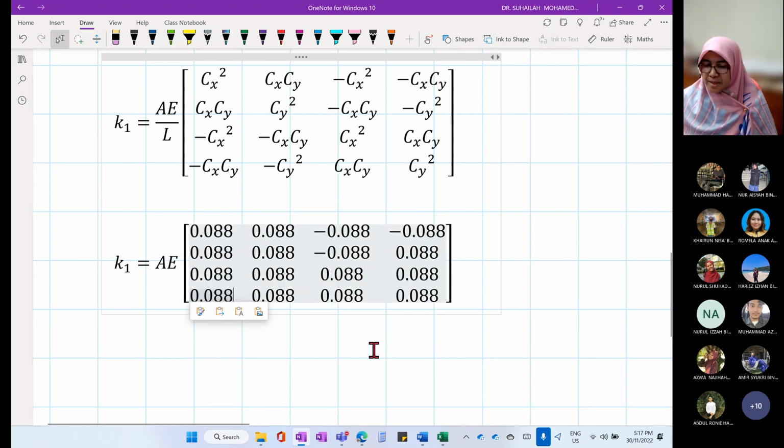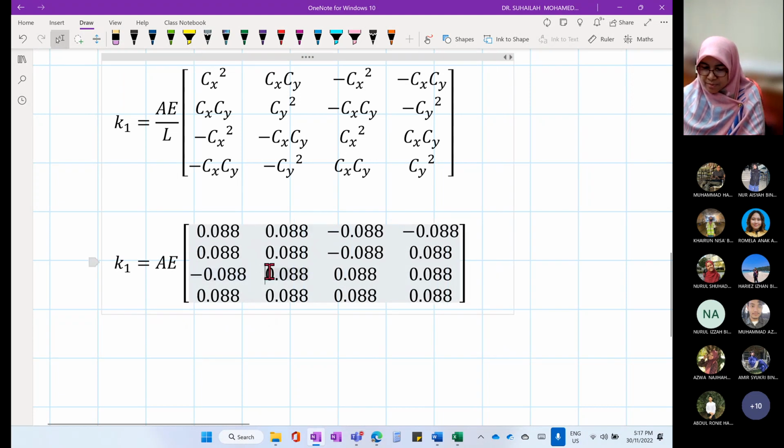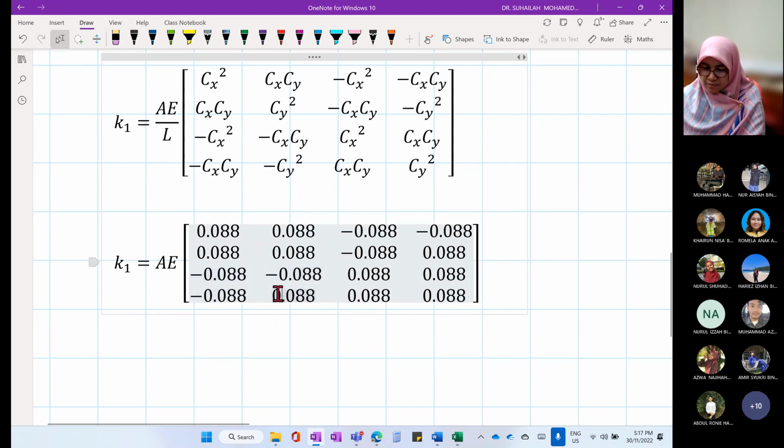CX, CY is important. I forgot to put the negative. So all of these are negative. Negative, negative, negative. This one also negative. So this is K1. Then continue with K2.